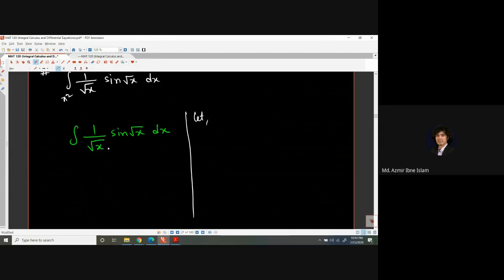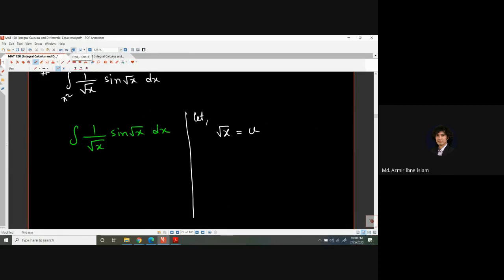So if we take root x as u, whatever function you consider should be suitable. You will try to figure out which function will be suitable, and this is based on practice.